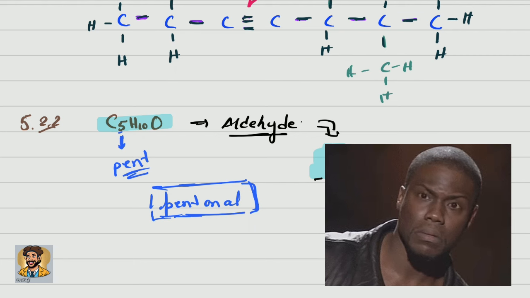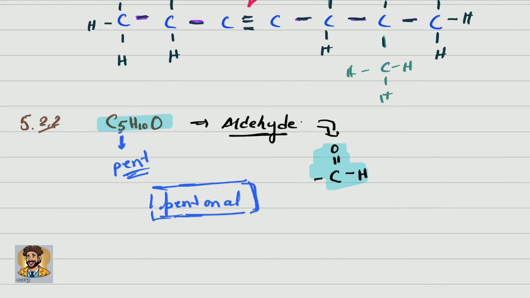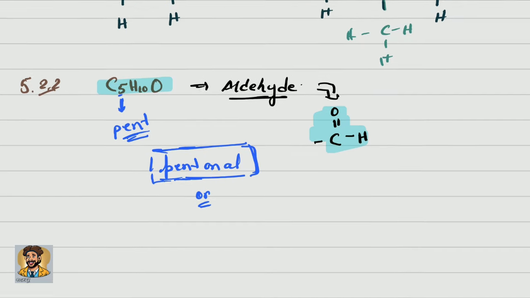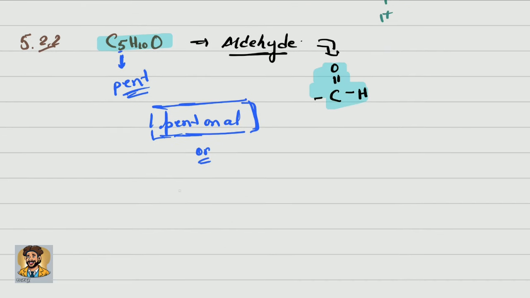But there is another option. You can have 2-methyl butanal, for example, because you have only the molecular formula. It means you don't know what the structure is. So you can say, for instance, 1-methyl or 2-methyl. It cannot be 1-methyl. 2-methyl butanal. That is another option.